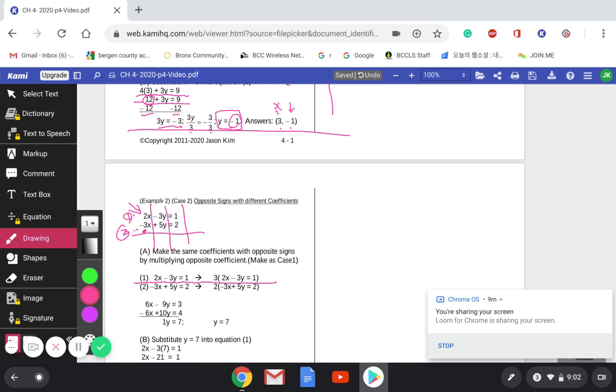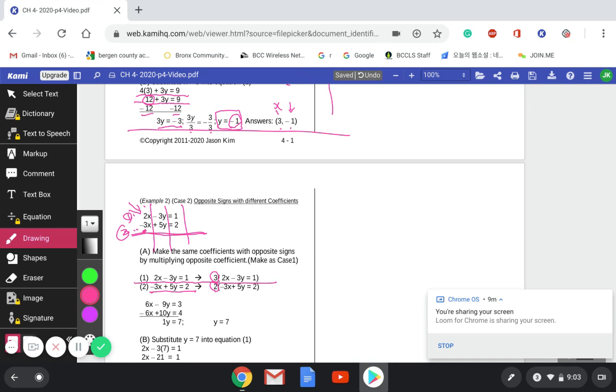Because they are already in different signs, you just pick coefficient 3 and multiply the whole equation by 3. And the second equation, you multiply by the coefficient of the first equation.